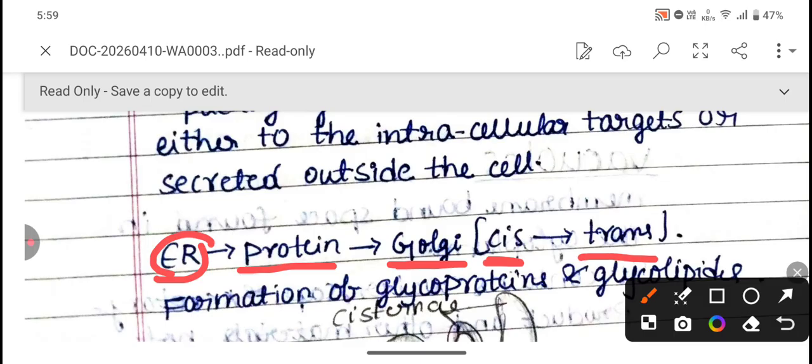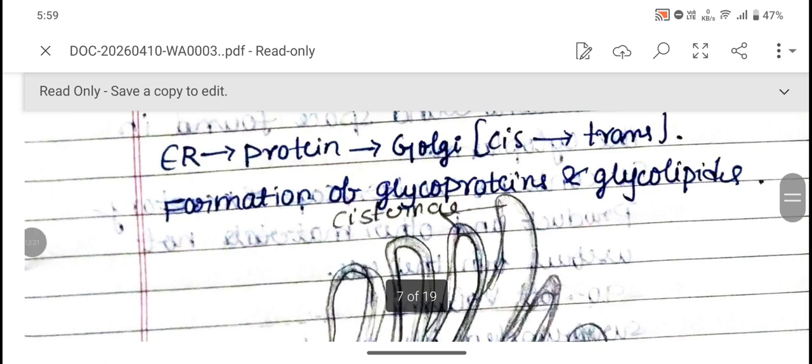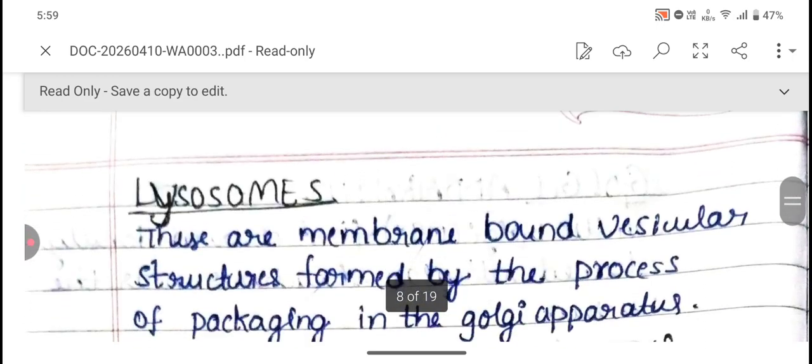From the trans end, the protein will either be secreted outside the cell, or it may be secreted into some other intracellular spaces. It also serves the purpose of formation of glycoproteins and glycolipids.